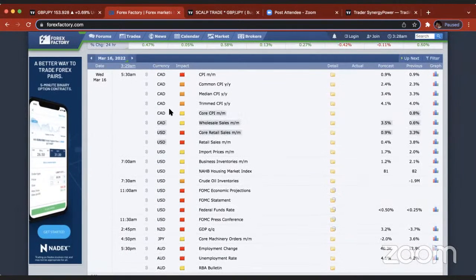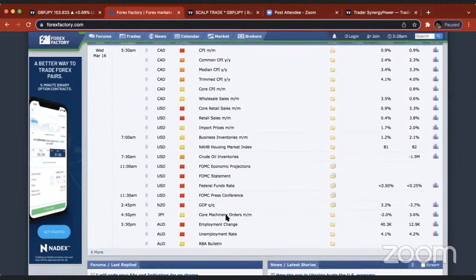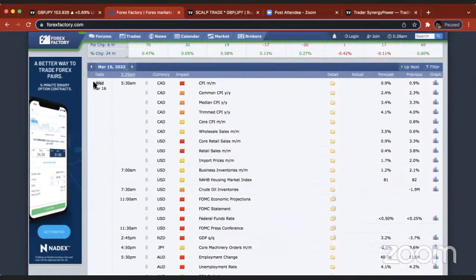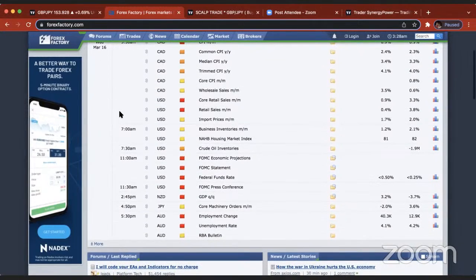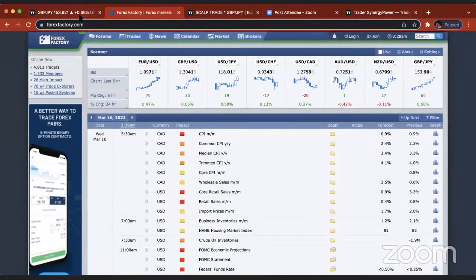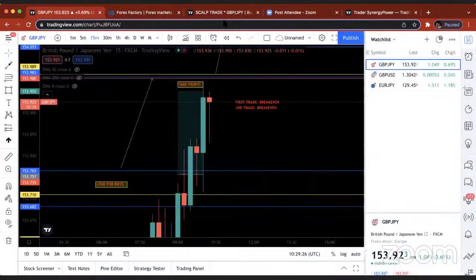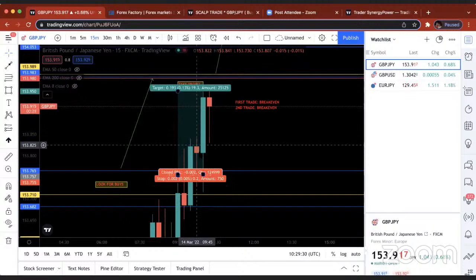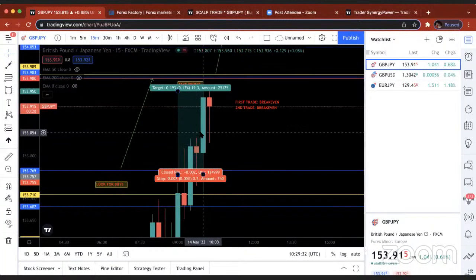Oh yeah, there's a lot of US news on Wednesday too, 5:30 in the morning. Wow, a lot of news on Wednesday. Yeah, you guys, we'll pay attention to that when that day comes. But are there any other questions? Hopefully no one's in any trades right now. If you stayed in the trade, you won.